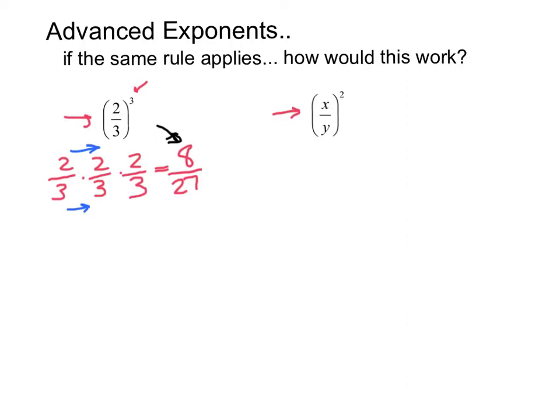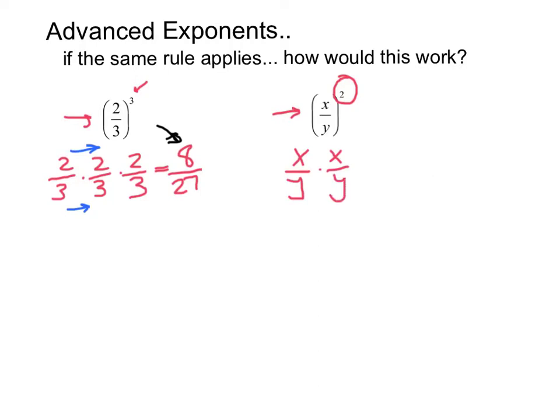Now if we continue and look at an example that doesn't have any numbers, we really still do the same thing. This is going to be the fraction, or the base, multiplied by itself, and we're looking at an exponent here of 2, so it's going to be multiplied twice. So we say x over y times x over y.